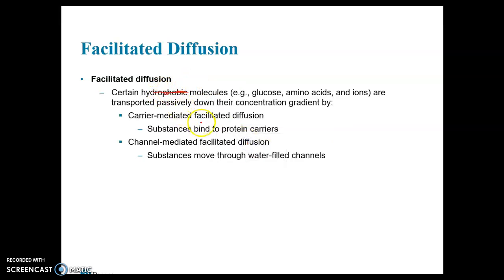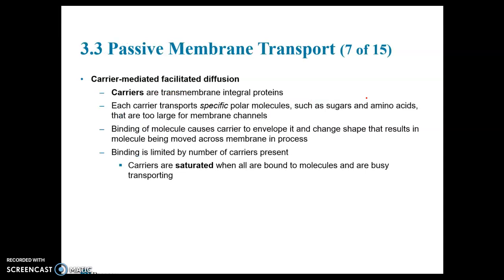So hydrophilic molecules like glucose and other sugars, because sugars are soluble in water, the majority of amino acids, and ions, like sodium or potassium, which are atoms that have a positive or negative charge. These substances can move through a carrier protein or a channel protein, but they're still moving with their concentration gradient from high to low concentration.